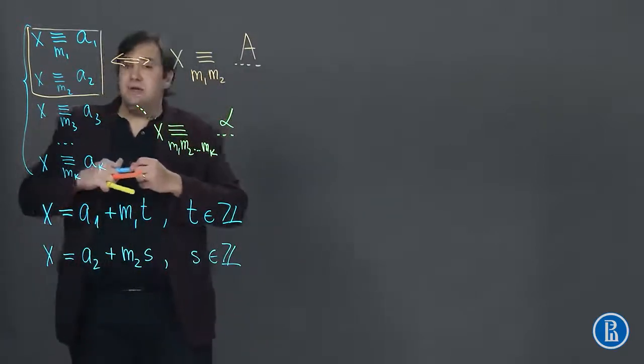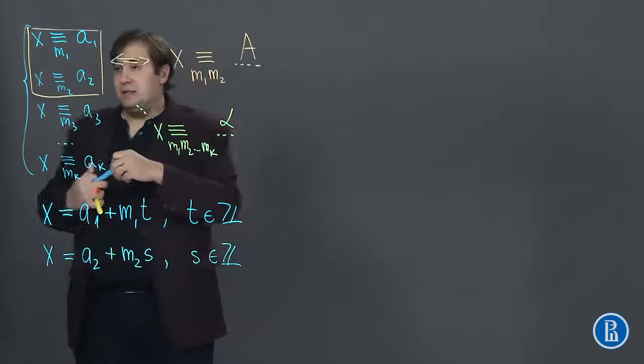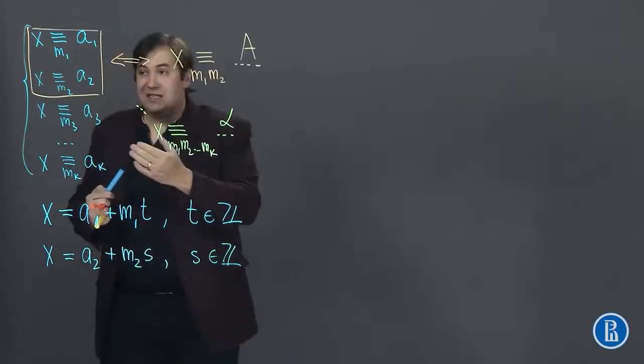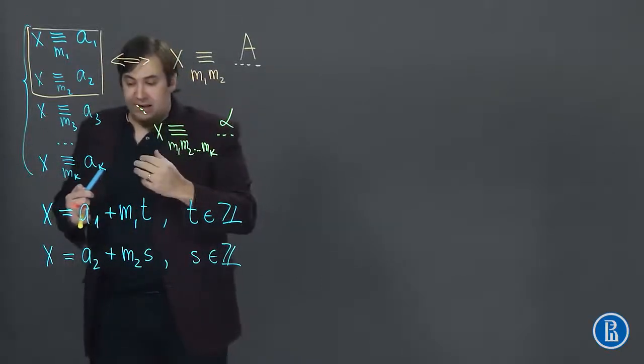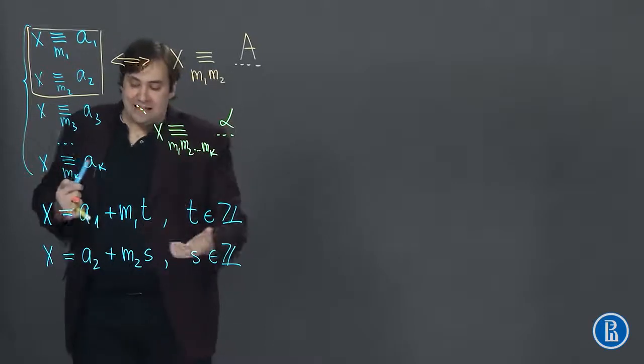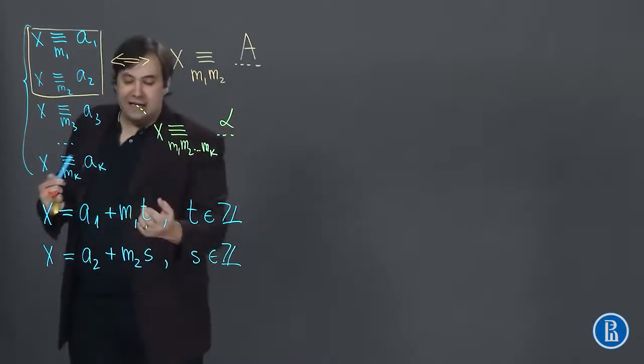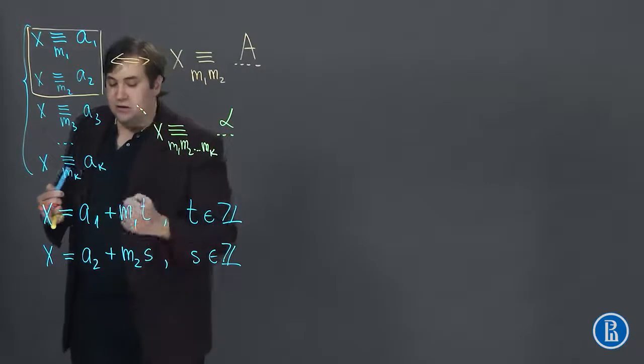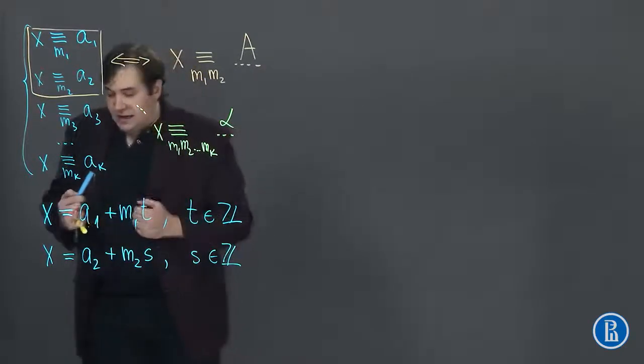So let me remind you that this is something like a system of equations. And here, if x is an unknown, then t is unknown and also s is unknown.